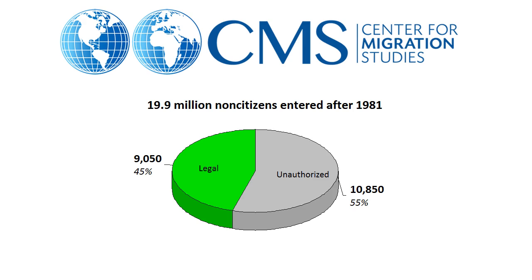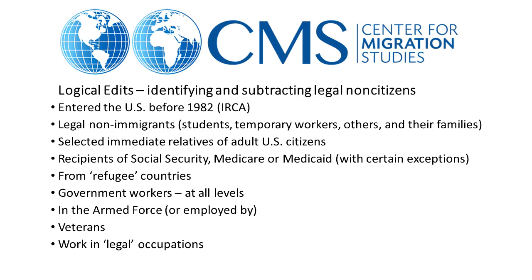And the next slide, the logical edits, we show some of the categories. As I said, if you entered before 1982, we consider you to be likely a legal resident. If you're a legal non-immigrant, that is a student or a temporary worker or other people who would be counted in the survey and their families, we identified them through the fact that they were students or the type of jobs that temporary workers were doing. We considered them to be legal residents.